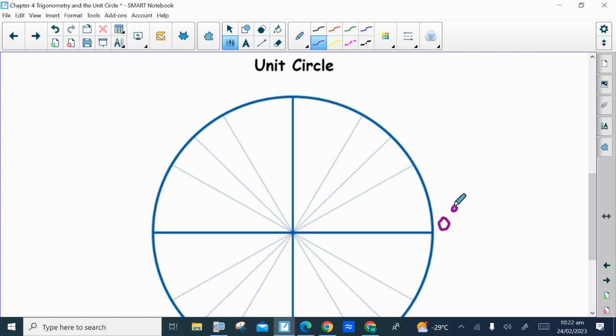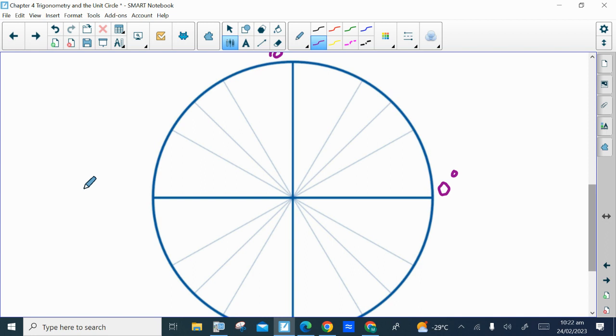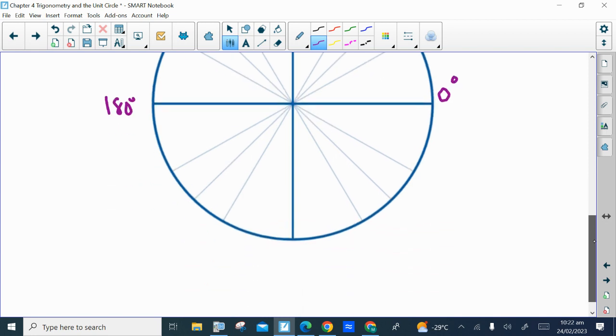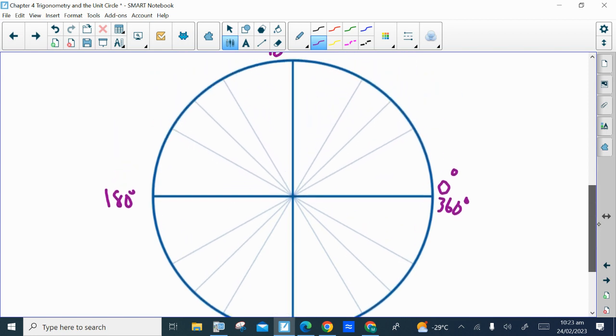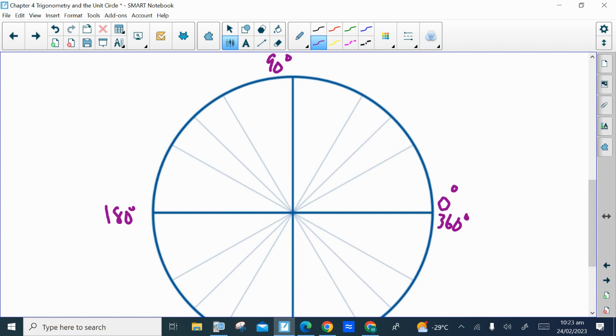So let's do degrees first. 1/4 of the way around the circle would be 90 degrees. Halfway around the circle is 180 degrees. Another quarter turn would take us to 270 degrees, and then back up here you're at 360 degrees. One complete rotation around the circle. So that's going around the circle in terms of 90 degrees.